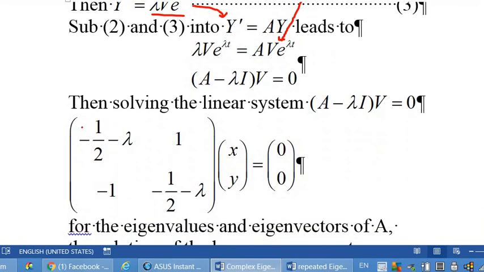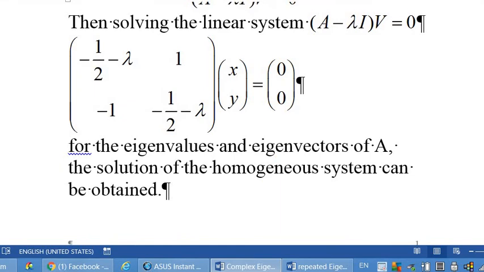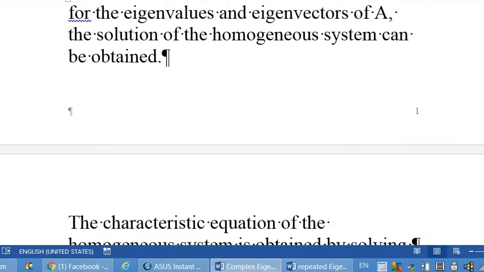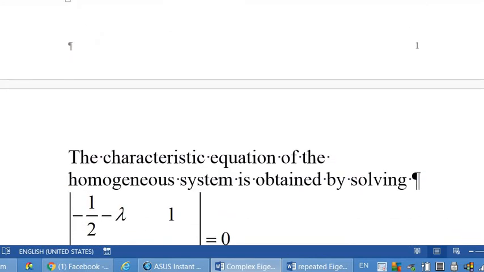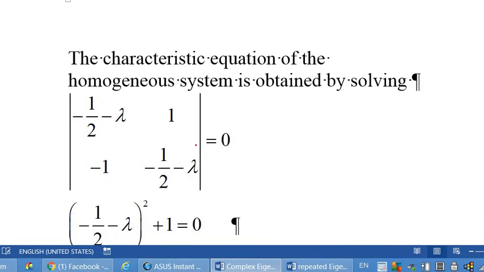So this is our A minus lambda I, which affects the main diagonal. Then solving for the eigenvalue and eigenvector, we can get the solution for the homogeneous system. To find the eigenvalue, we let the determinant of the above system equal to 0.